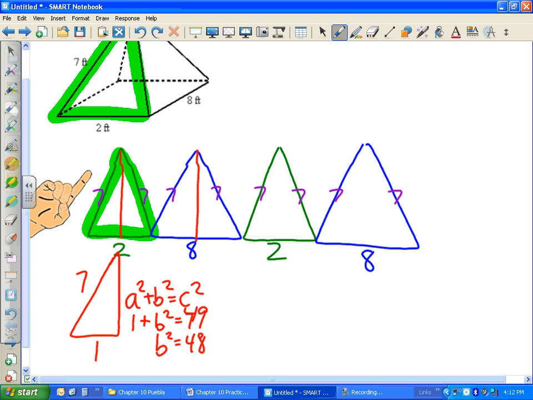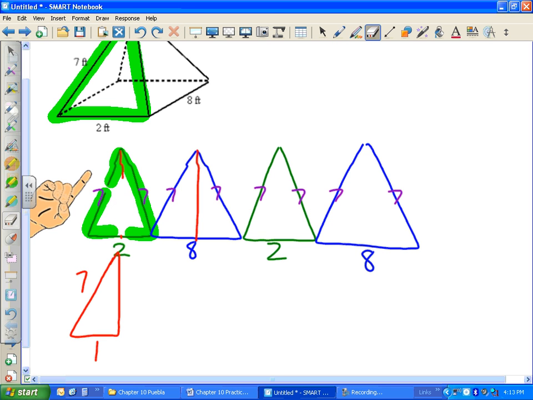I'm going to use 6.9, okay? So 6.9 ends up being how tall this thing is. I'm going to write that down up here, actually. Let me see if I can erase some spots in here. So this thing is 6.9 tall. That's how tall this is. That means that this one over here is also 6.9.